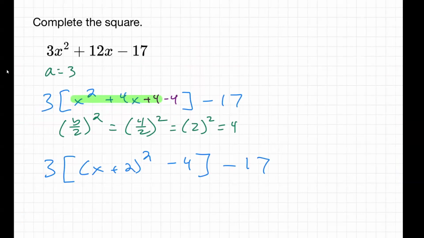Now, the part that makes this one a little bit more involved is there were 2 things outside the bracket, right? I'll deal with that negative 17 in a second, but what do I have to deal with now? The 3, right? So we have to distribute the 3 back in now. So what you're finding there is, hey, we pulled out the 3, so we have to go multiply it again a little bit later, right? So what this will become is 3 times the part that's squared, okay? But that negative 4 becomes what?